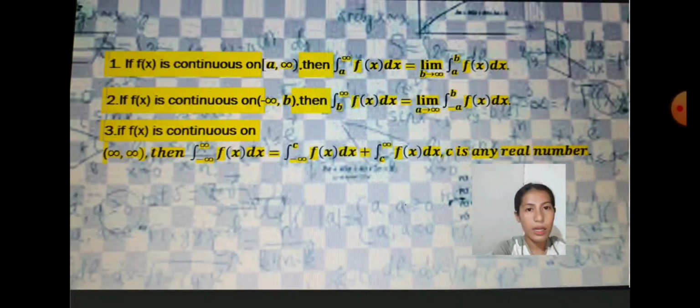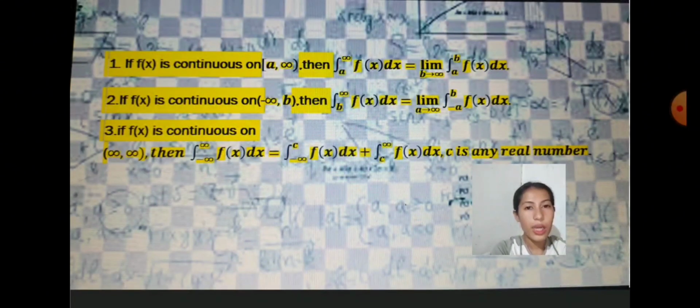And second, if f(x) is continuous on (negative infinity, b], then the integral of f(x) dx from negative infinity to b equals the limit as a approaches negative infinity of the integral of f(x) dx from a to b.